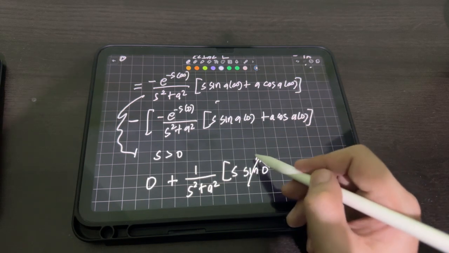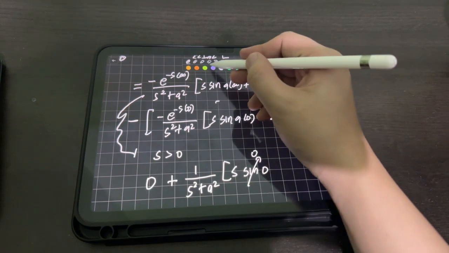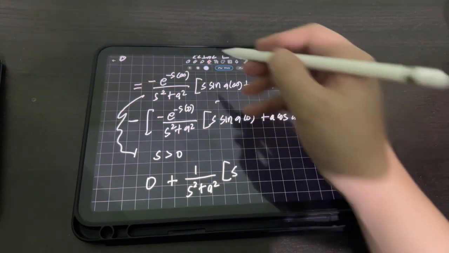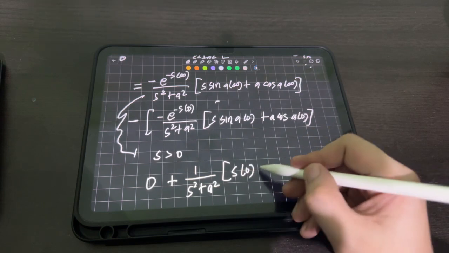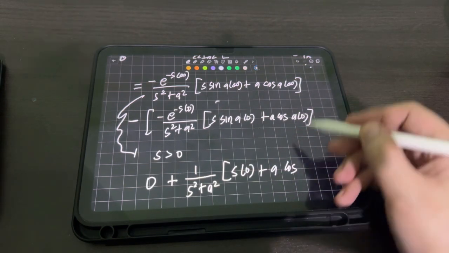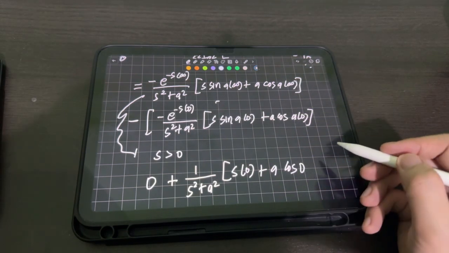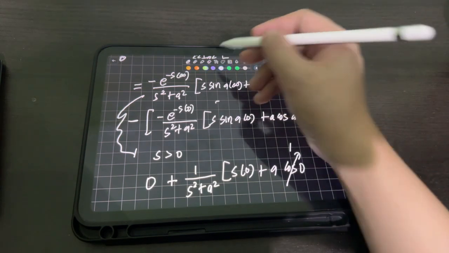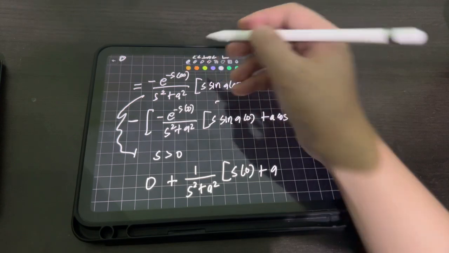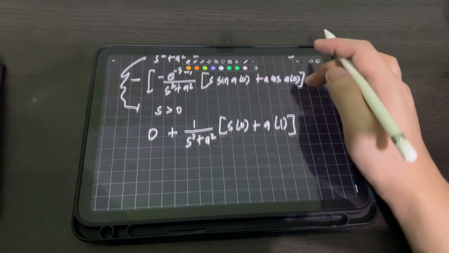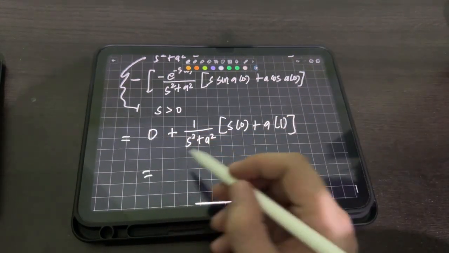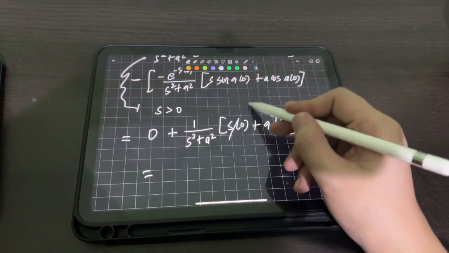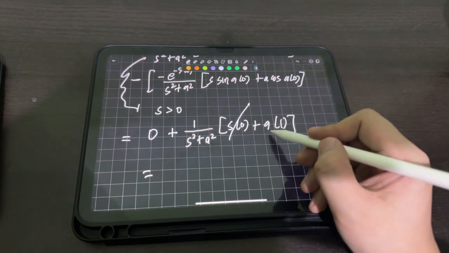But sine 0 is just 0, right? So this is just equal to 0 plus a. Cosine a times 0 is just cosine 0. But cosine 0 is 1. So we have a times 1 here. So simplifying, this will be 0, and this will be just a.